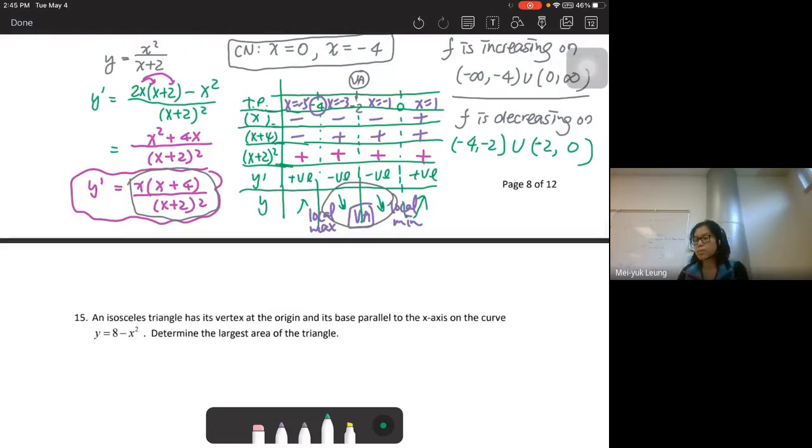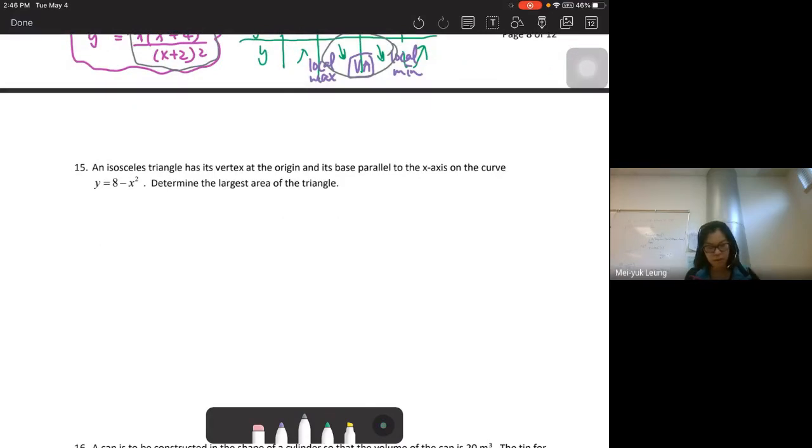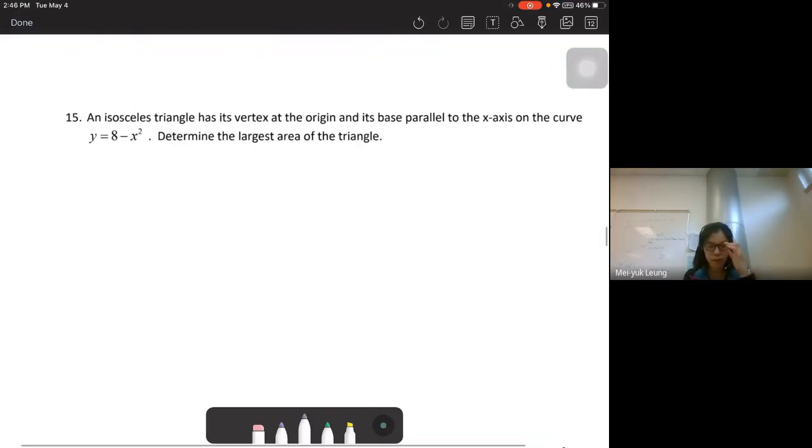So the next one is the optimization problem, finding the absolute maximum of a quantity. An isosceles triangle has a vertex at the origin and its base parallel to the x-axis on the curve y equals 8 minus x squared.